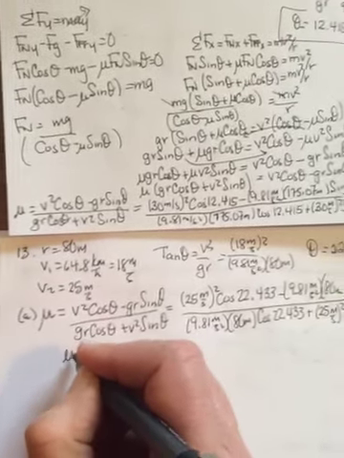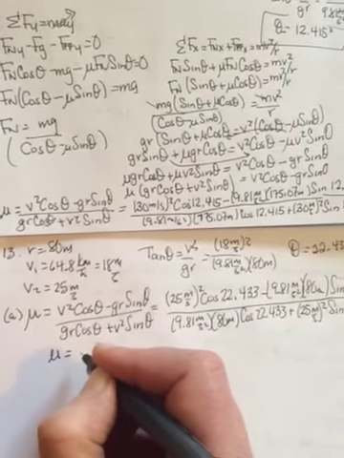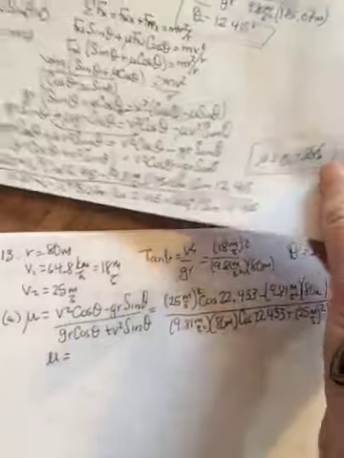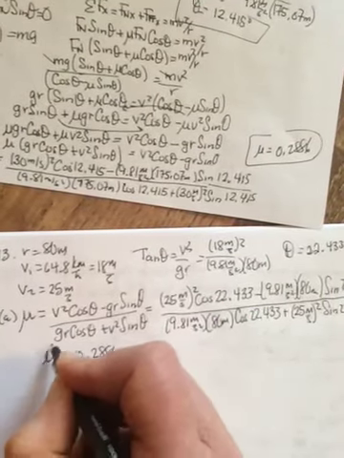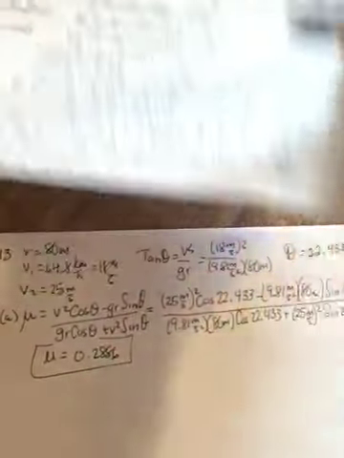And if you could punch this into your calculator correctly, oh, I did the wrong answer here. This one is the one that's 0.2886. Sorry, I was looking at the wrong spot on my already solved sheets.